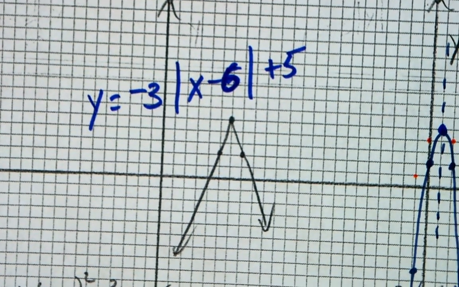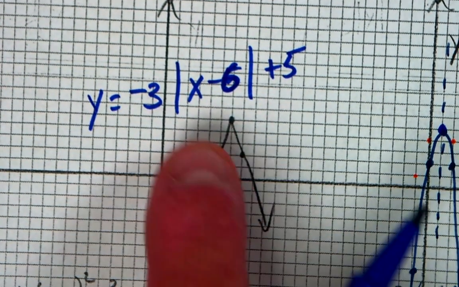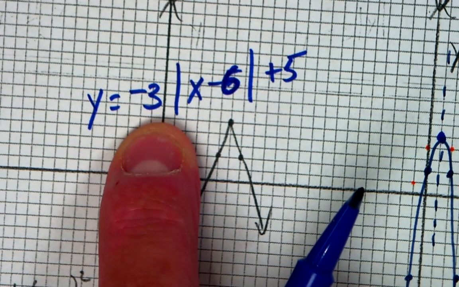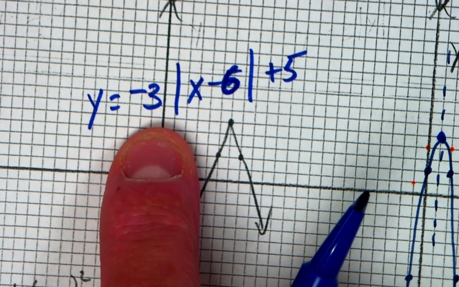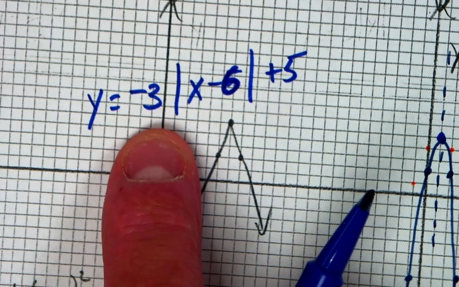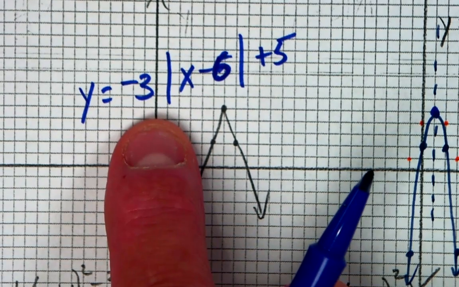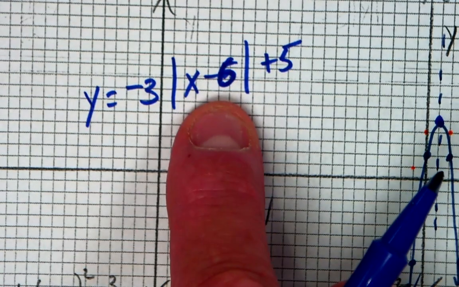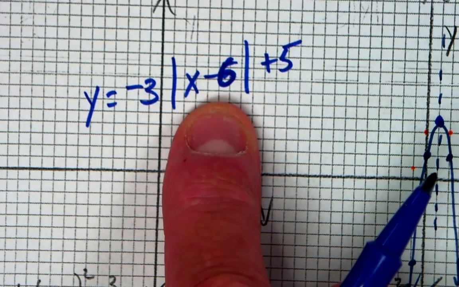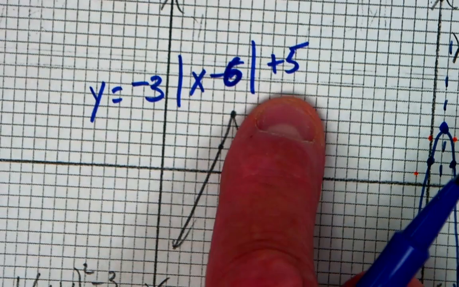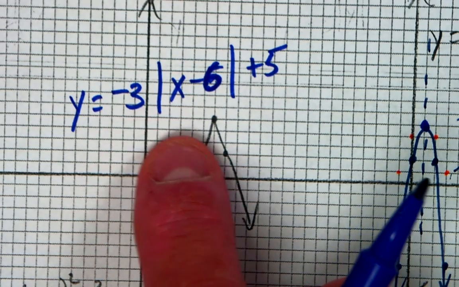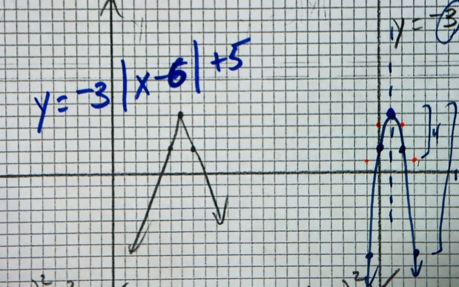Raise your hand if you have the -3 right. No. This is 3 times as tall. Not 1/3 as tall. It's 3 times as tall. Okay. Raise your hand if you had the -6 right. Okay, good. Raise your hand if you had the +5 right. Okay. So that vertical stretch, it's times 3.